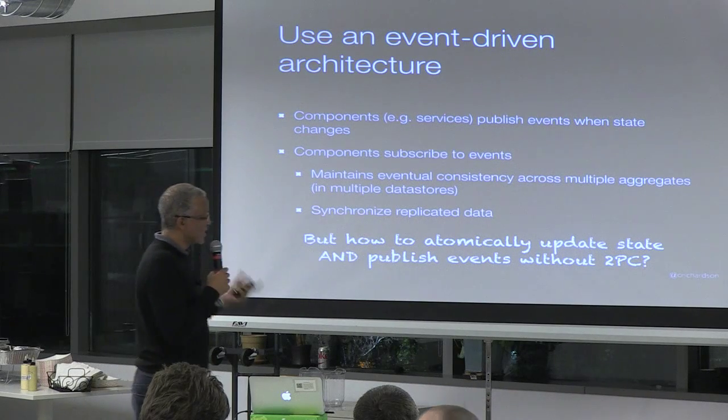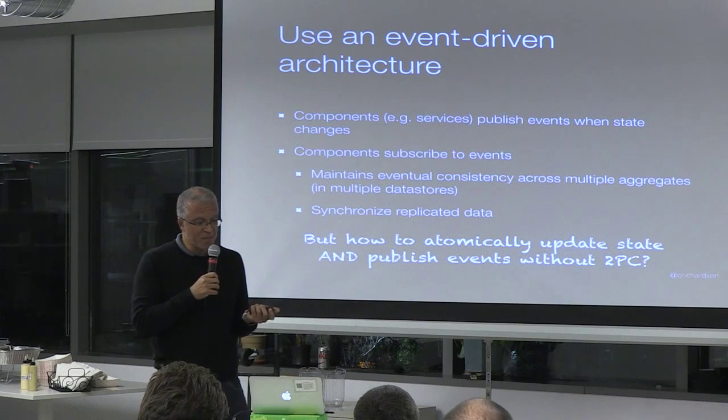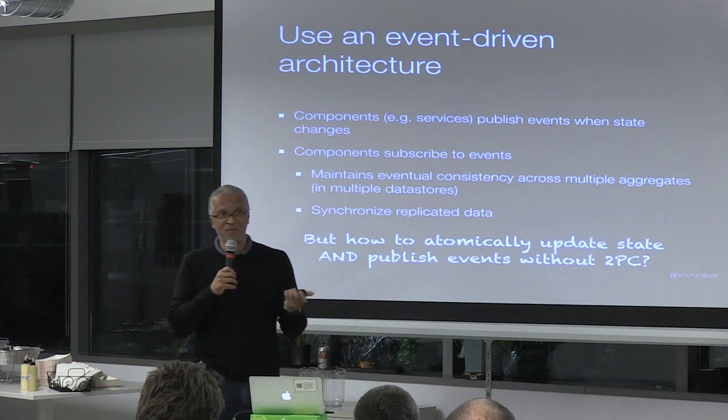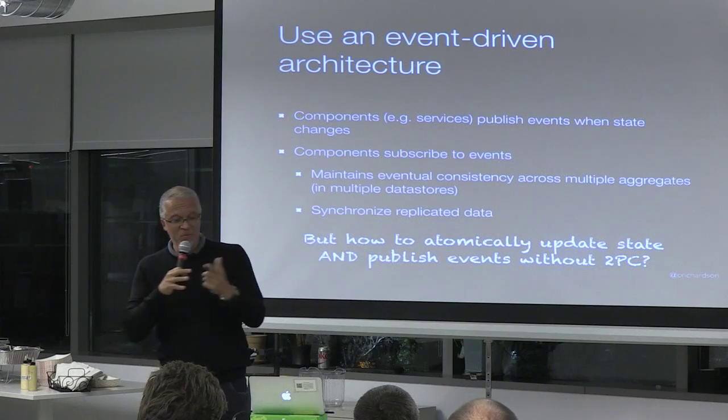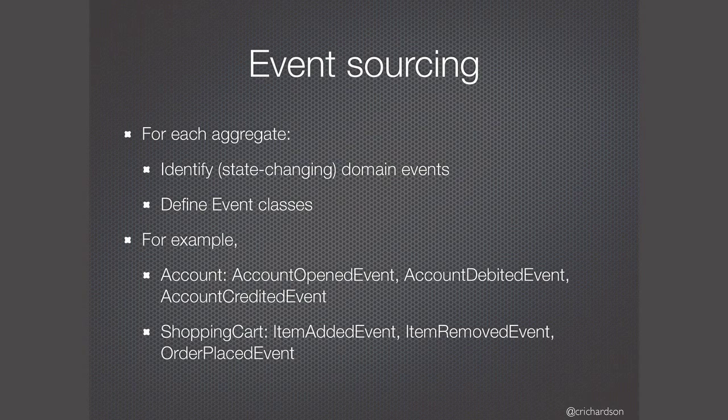But interestingly, that actually creates another problem. How do we atomically update state and publish events without using two-phase commits? So we've kind of moved the problem along. And that leads you to event sourcing, which is really an event-centric way of designing your business logic and designing your system.